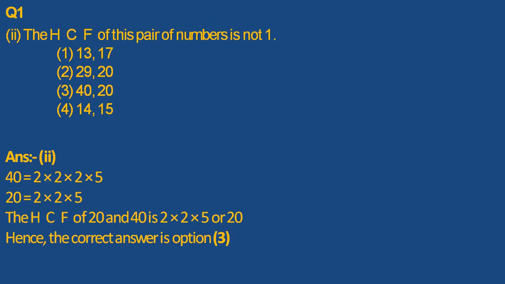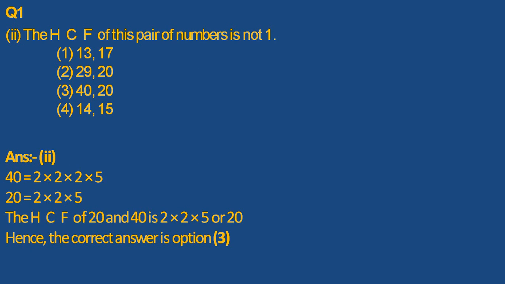The HCF of this pair of numbers is not 1. Now the correct answer is option 3, 40 and 20. It is not 1. If you see option 1, 13 and 17, 1 is common. 29 and 20, 1 is common. 14 and 15, 1 is common.